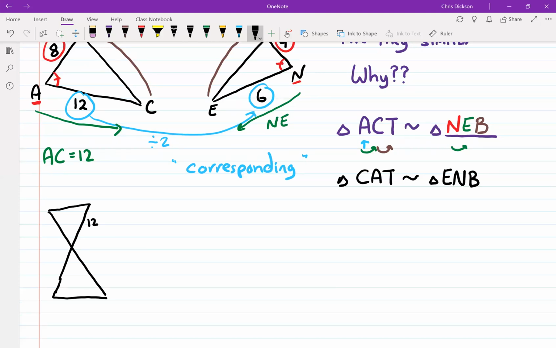This side is 10. And then let's say this side is 30. This side is 38. Okay. And you're asked, are these triangles similar? So are they similar?